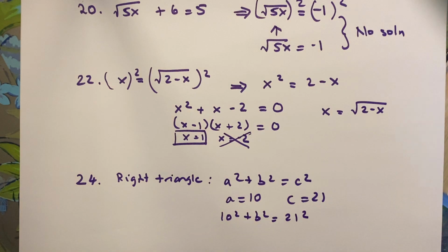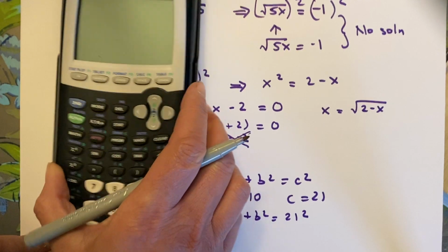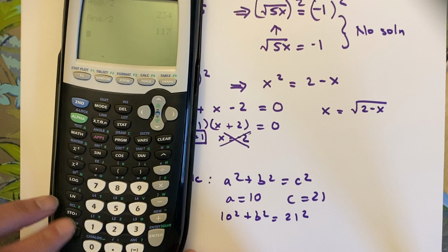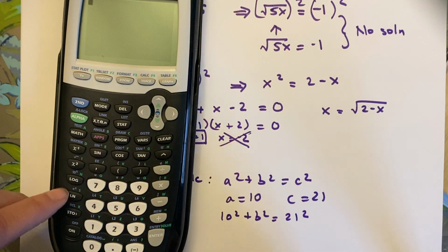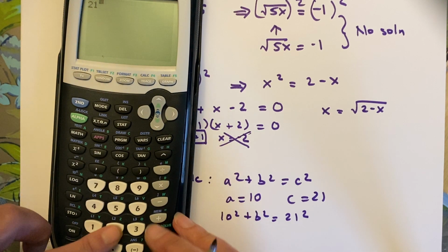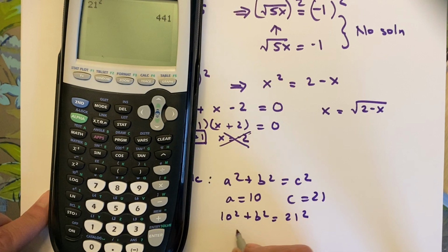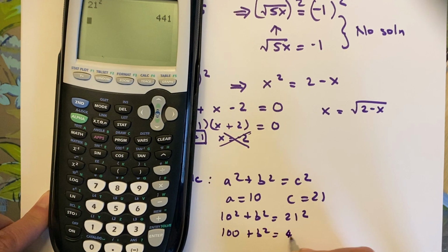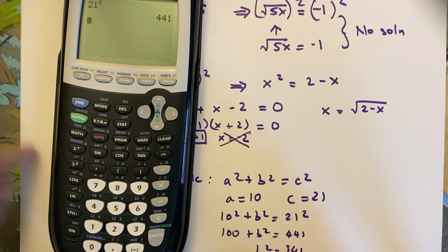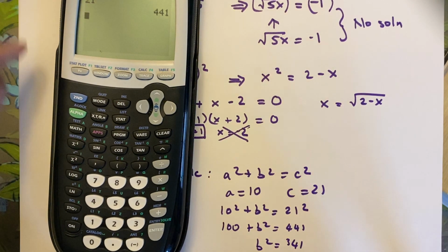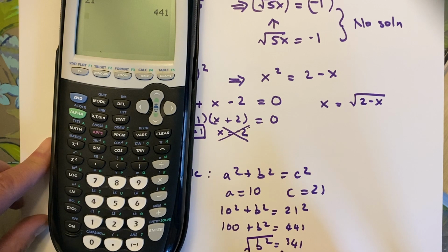I'm going to grab my calculator because I don't know off the top of my head what 21 squared is. And 21 squared is 441. So I have 100 plus b squared equals 441. And so b squared is 441 minus 100. That's 341.